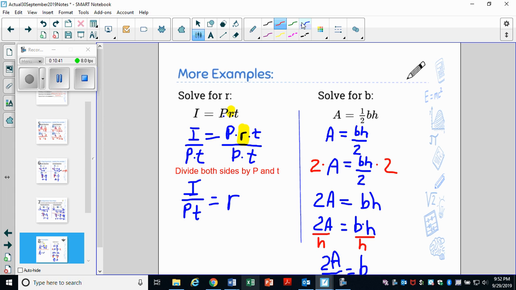Let me fix that a little. We'll make this look a little more like an uppercase T. So in the end, what would happen? The P and the T cancel out, and we're just left with R by its lonesome, and I is divided by both P and T.